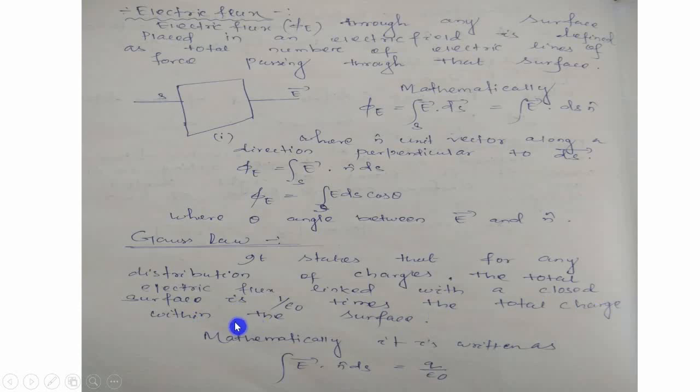Suppose we take a cubical body, meaning a closed surface, and the charge inside is Q. Then the total electric flux through that closed surface is 1 by epsilon naught times the total charge within the surface, so phi equals Q by epsilon naught, or the closed integral of E dot n cap dS equals Q by epsilon naught. So this is all about Gauss law.